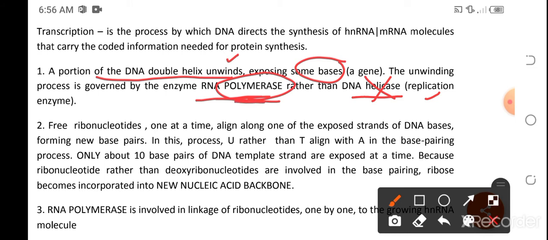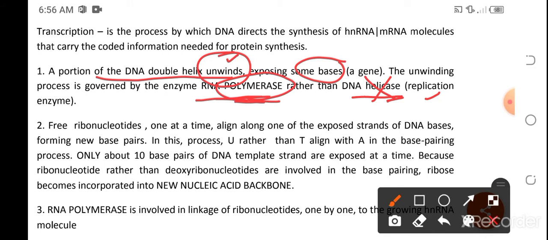Ang effect ng RNA polymerase unwinding is just partial unwinding. Sinabing partial unwinding, babalik din siya, magre-rewind din siya. Unlike kay DNA helicase that unwinding is permanent kasi nga maggagawa sila ng identical DNA.